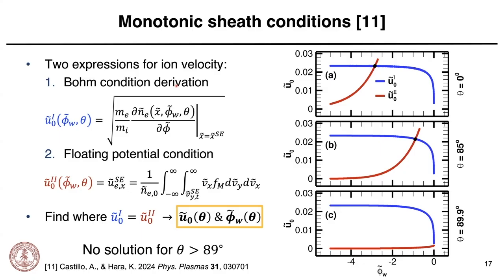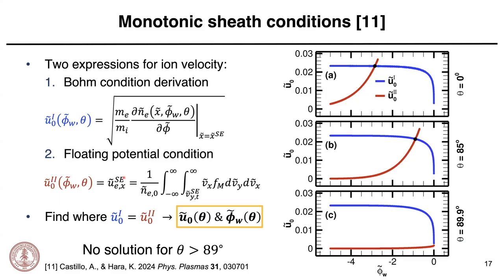And with that, you get to this expression where the ion velocity will be a function of the gradient of electron density at the sheath edge, where again, this electron density will be calculated using those characterized VDFs from before. So that'll be one way to calculate it, but you can see it's a function of two variables. It's a function of the potential at the wall, and it's a function of the field angle.